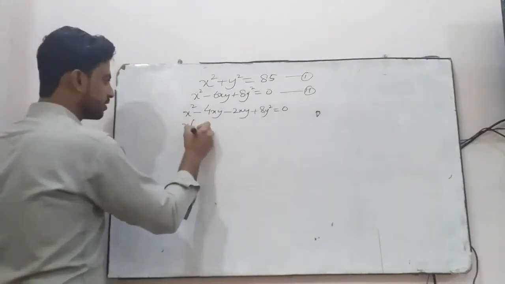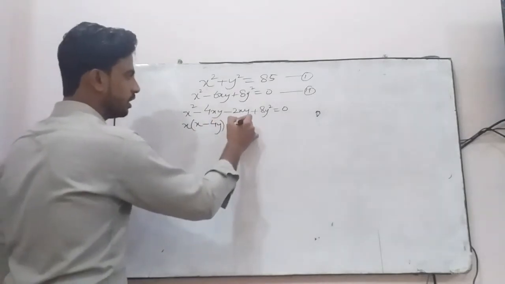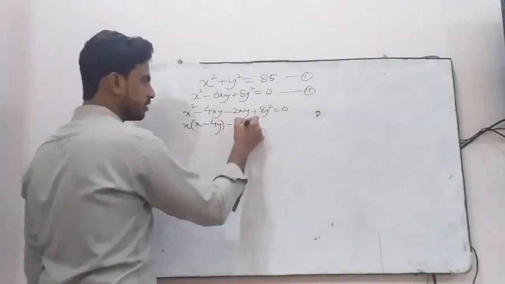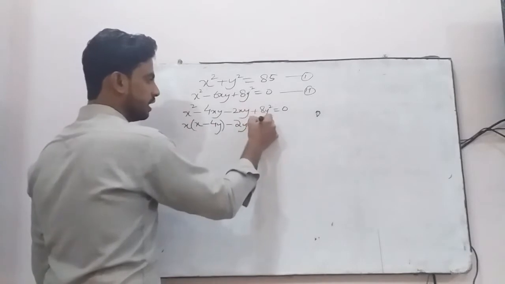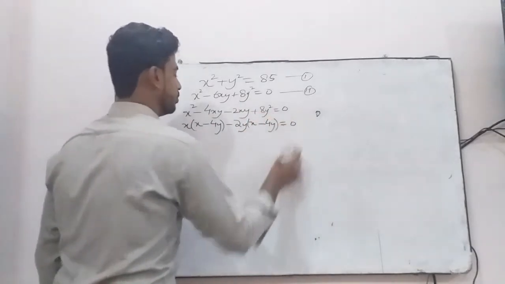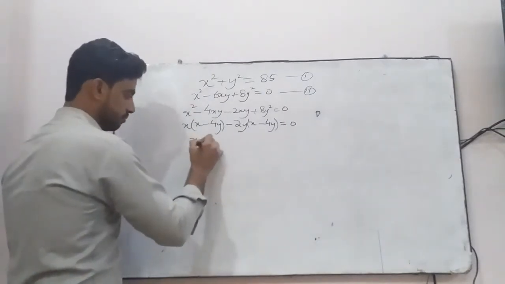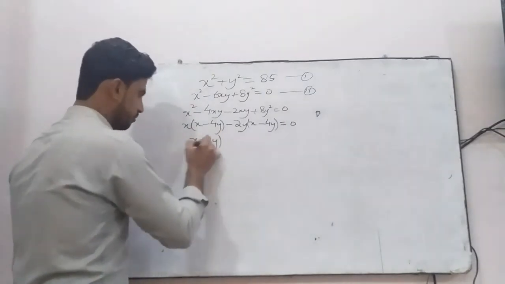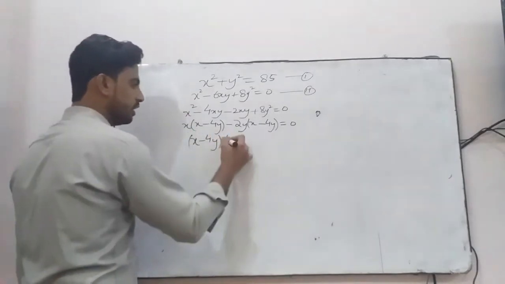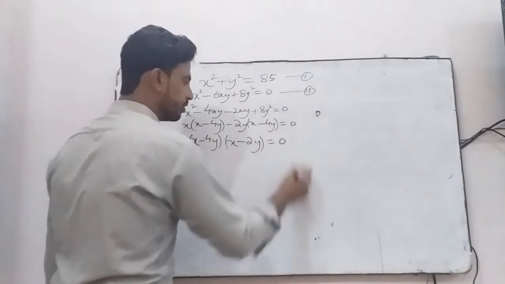Here x is the common factor, so here remains x minus 4y; here take 2y as the common factor, so here remains x minus 4y, equal to 0. Now x minus 4y is the common factor. Here remains x, and here remains negative 2y, equal to 0.